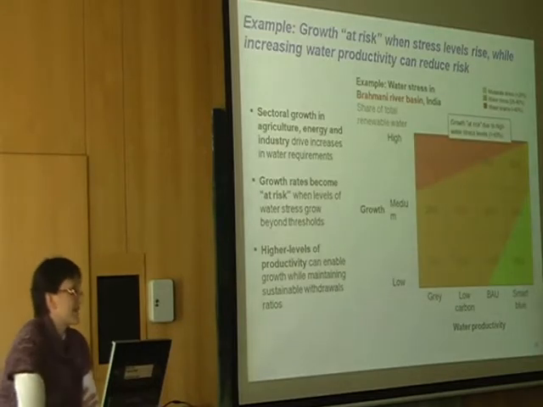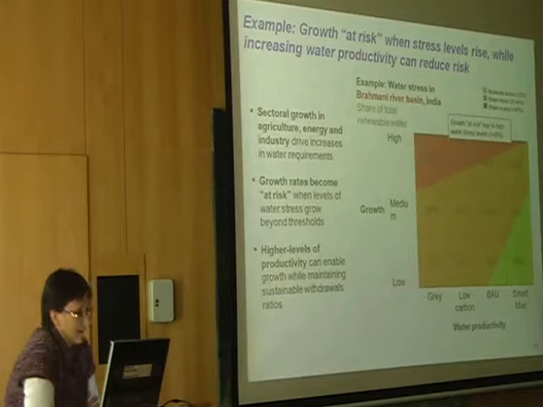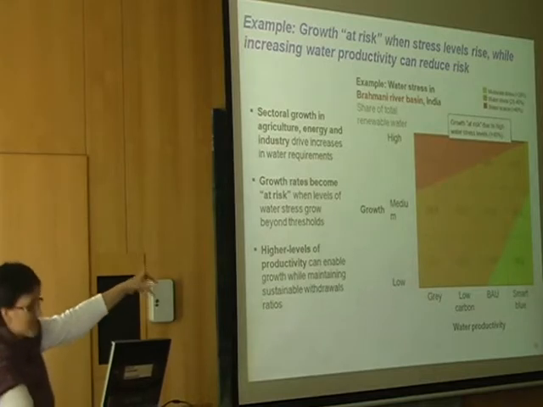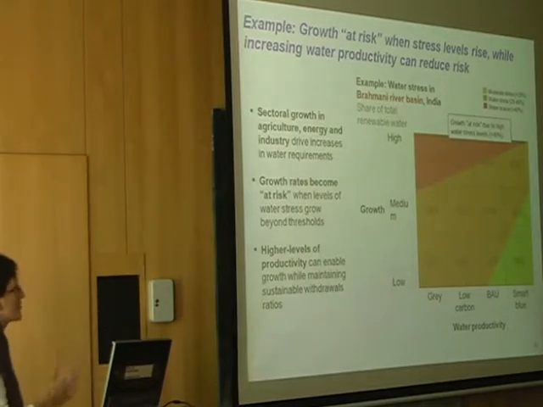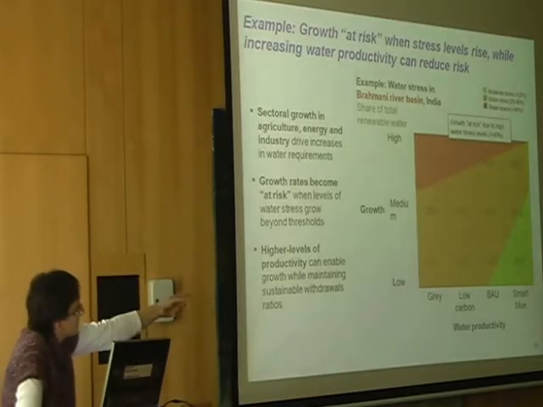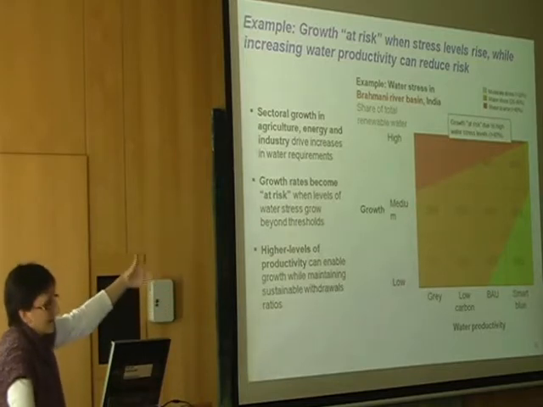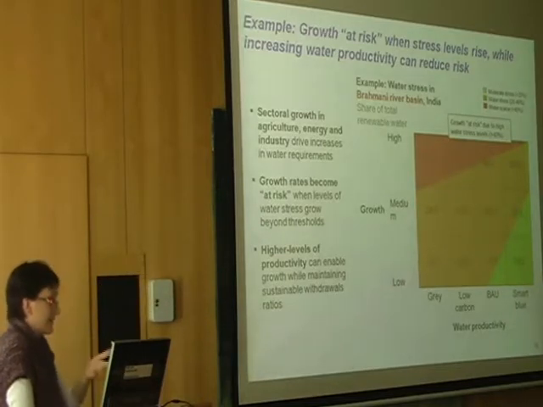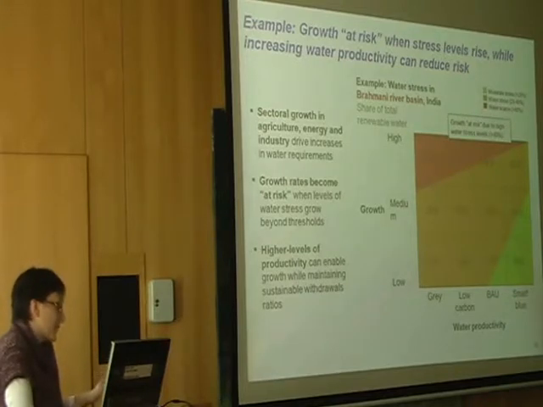And this is just an example of the results. This is for the Brahmani River Basin, which is a very small basin in India, but it's the only one where you get so much variation in the results. So if you have medium economic growth and business as usual, then we calculate that withdrawals over internal renewable supply are 25.8%.